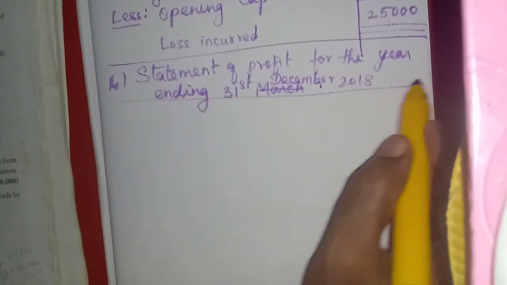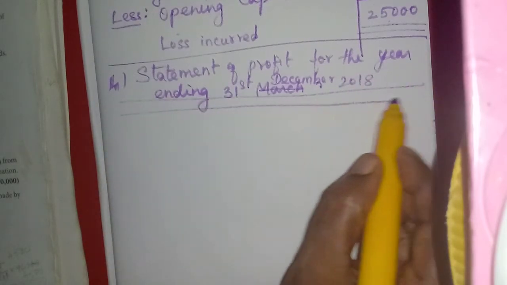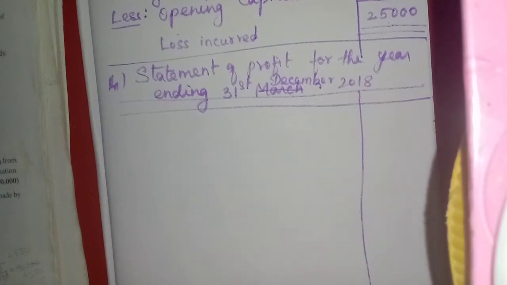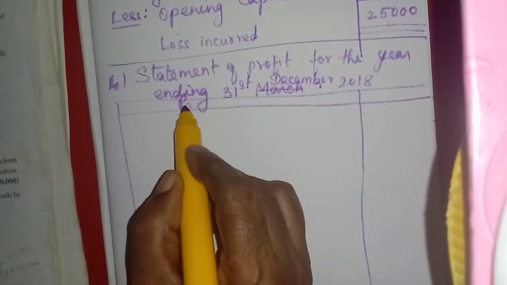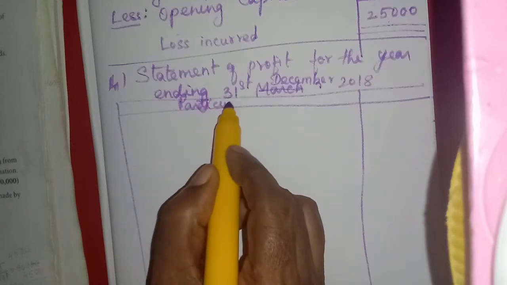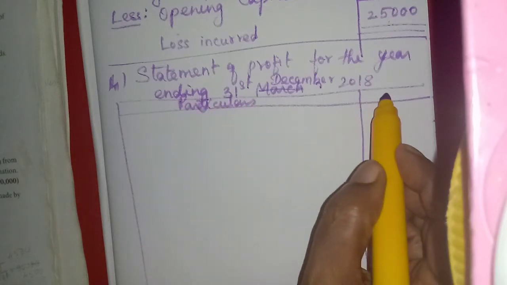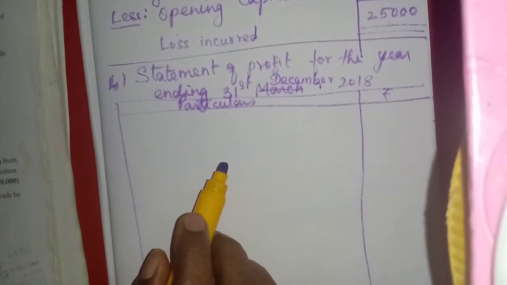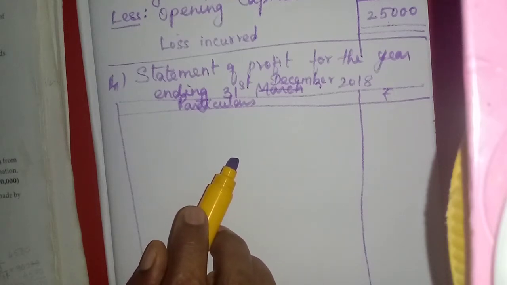Then we will draw the column. Okay. Amount. Particulars. Rupee symbol. Okay. So they have asked the closing capital.